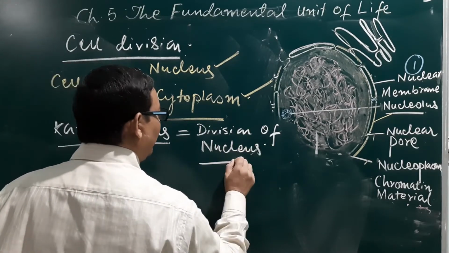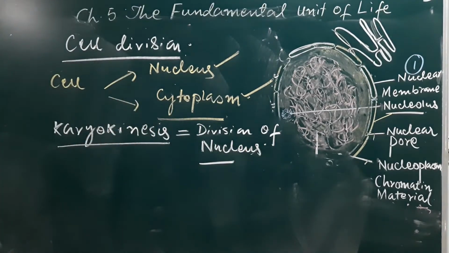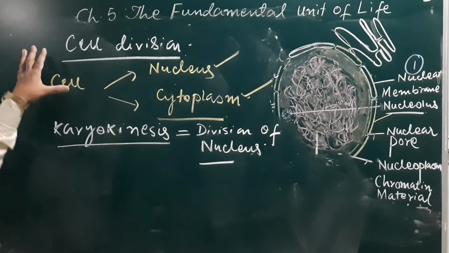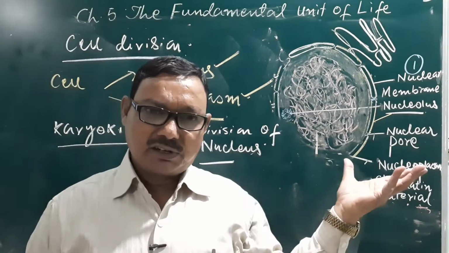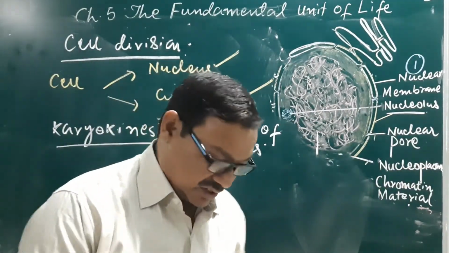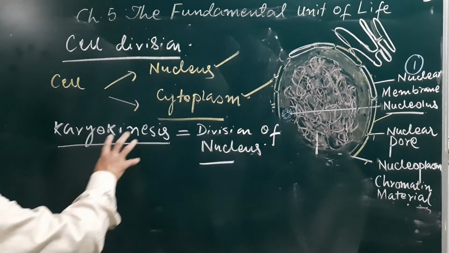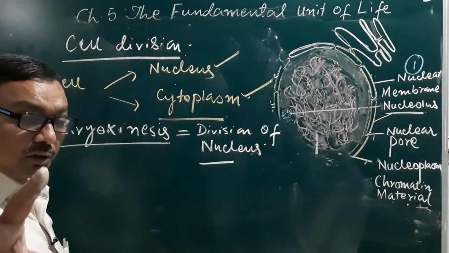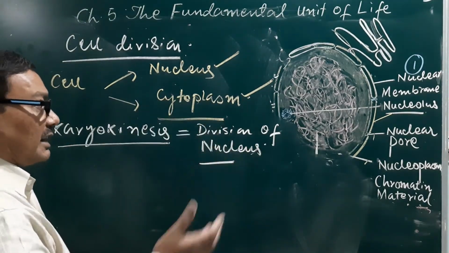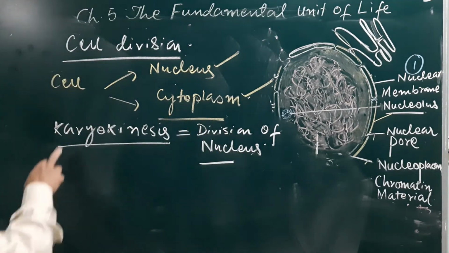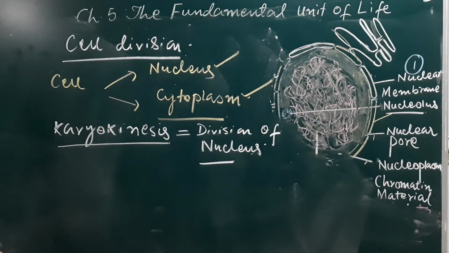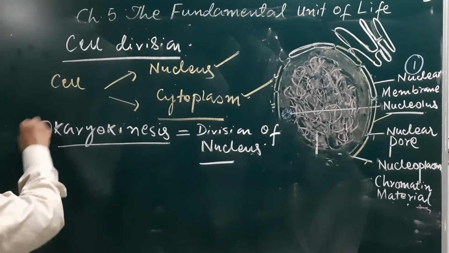From each pre-existing cell, the cell divides, and when there is no division of cells, there is no possibility of growth, there is no multicellularity or organization. And not only for growth and development, there are also some other reasons for the division of the cell. Here the first phase which you have seen is karyokinesis.